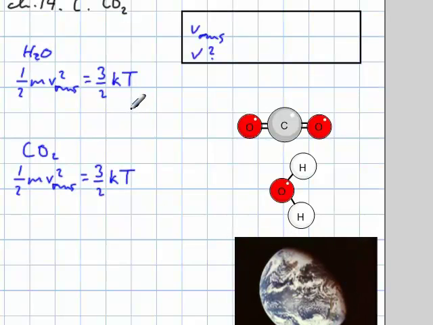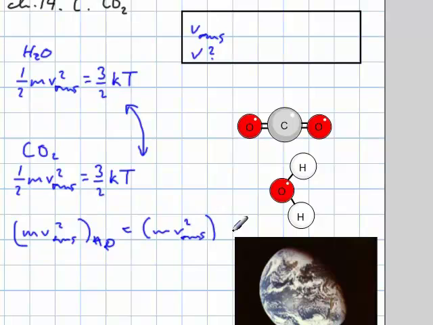I set the two equal on the right hand side because it's the same temperature, and therefore I'm going to come up with m VRMS squared for the H2O equals m VRMS squared, with very bad handwriting, for the CO2.